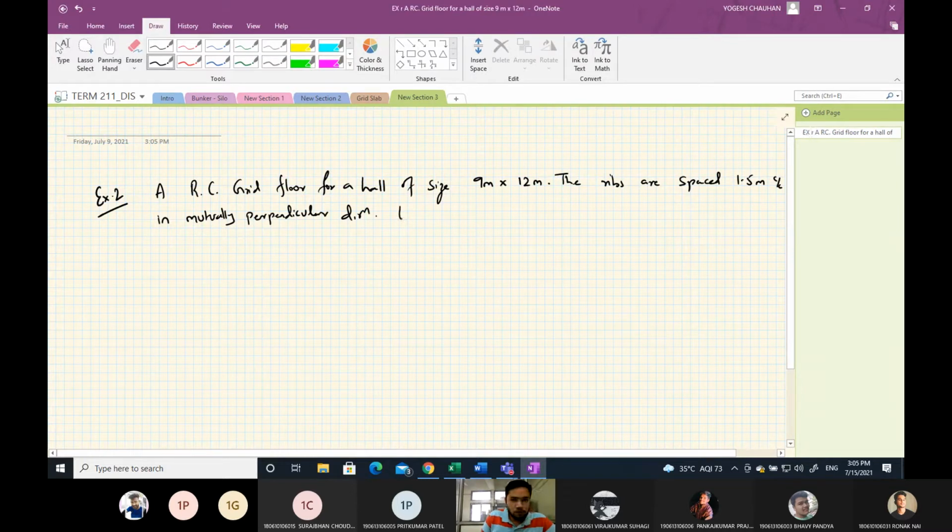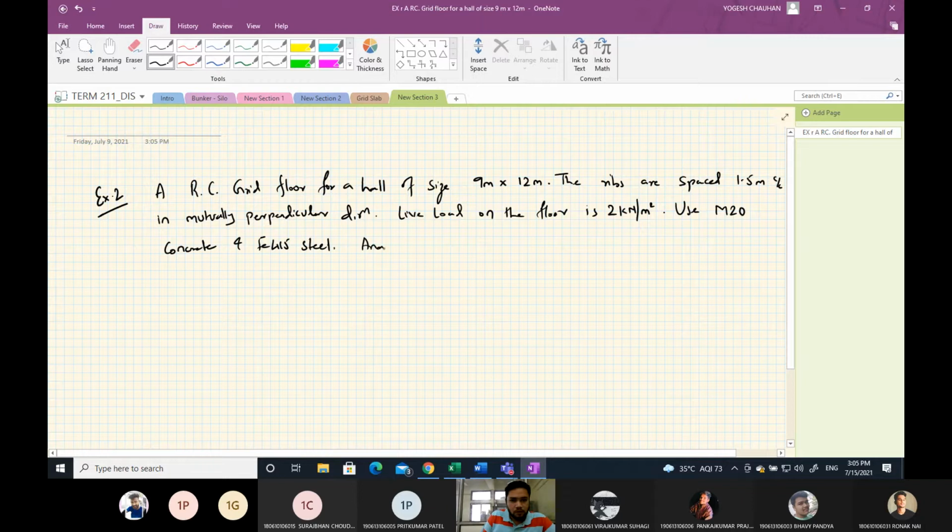The live load on the floor is 2 kN per square meter. Use M20 concrete and Fe415 steel.